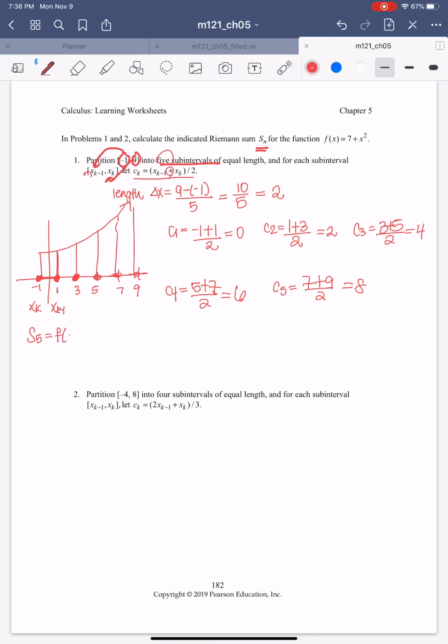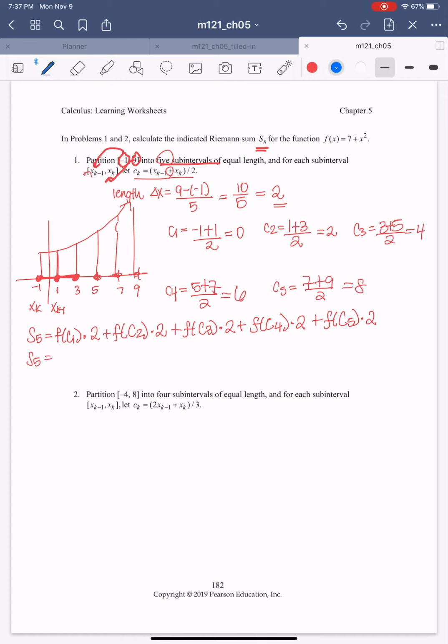F of C sub 1 times the length will be 2. Length, I'm sorry. This will be your height, the length will be 2. F of C sub 2 times 2, always the length of a rectangle is 2. And then F of C sub 3 times 2, F of C sub 4 times 2, and then F of C sub 5 times 2, and let's keep going.